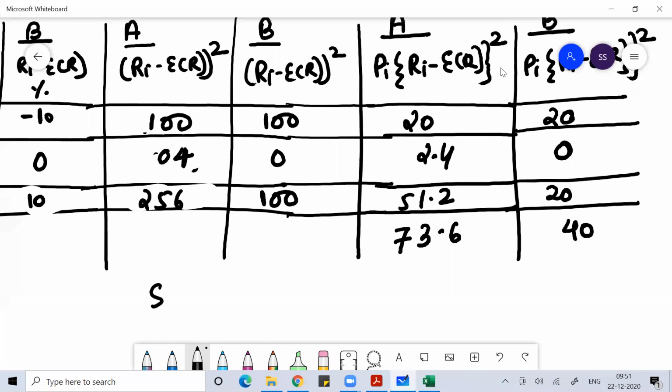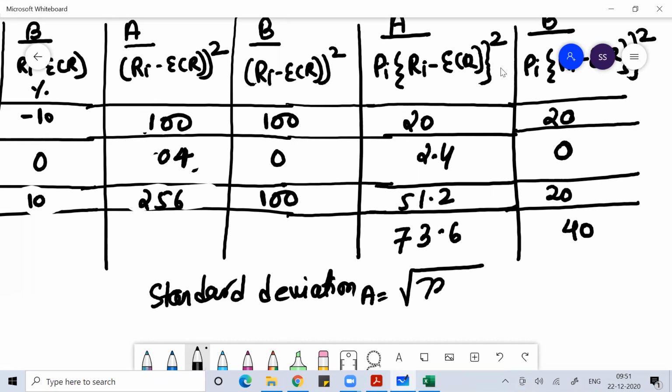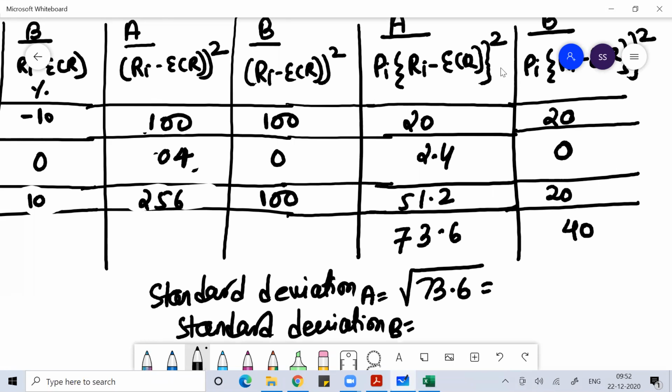So the standard deviation on A is equal to square root of 73.6, and the standard deviation on B is square root of 40.